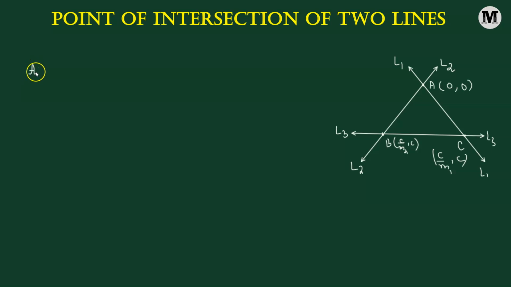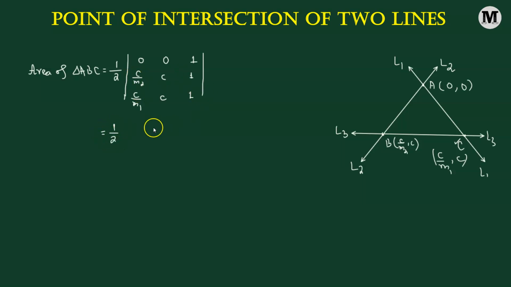Let's find the area of the triangle. We know that when the three coordinates are given, the area is half multiplied by a determinant. In the first row we consider the coordinates of point A, 0, 0, with 1 in the third column. In the second row, the coordinates of point B: c over m2, c, followed by 1. In the third row, the coordinates of point C: c over m1, c and 1. This gives the area of the triangle ABC.